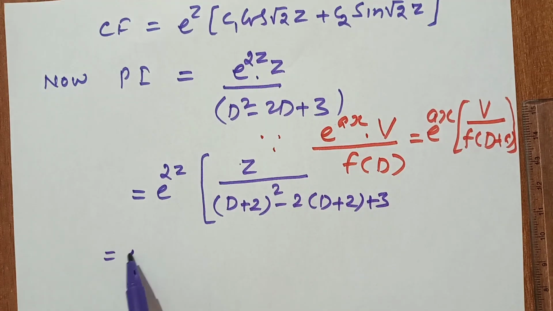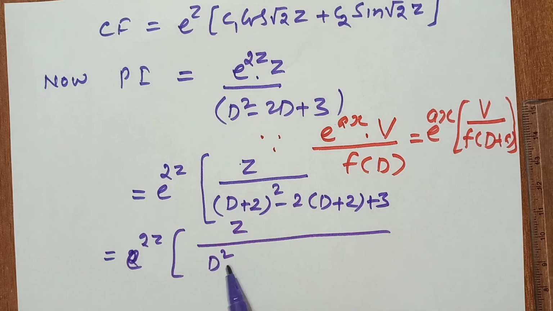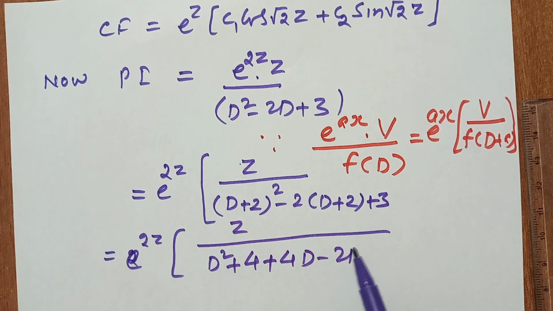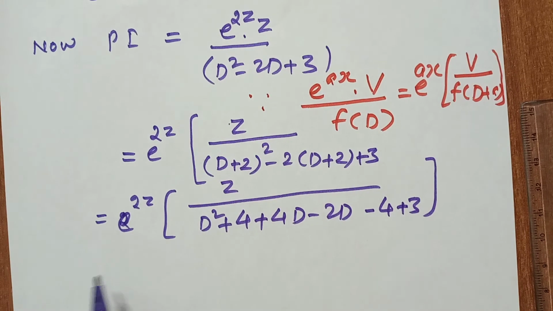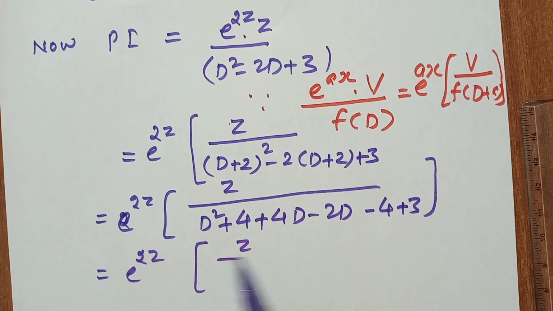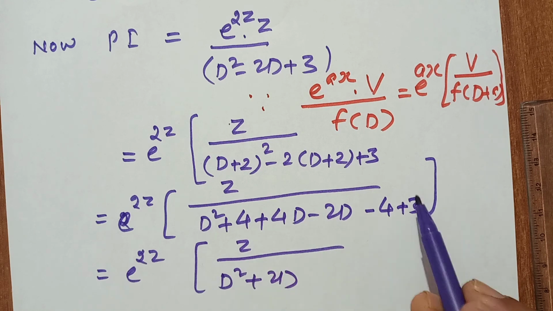This can be written as e^(2z) z upon D² + 4 + 4D − 2D − 4 + 3.